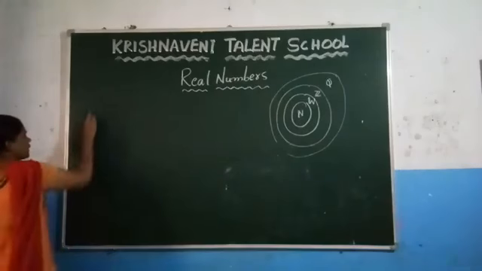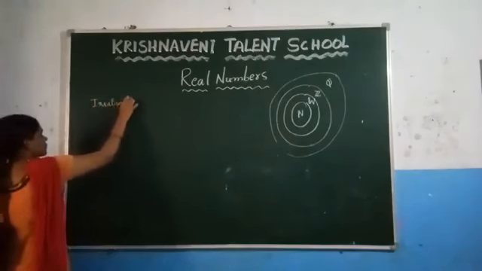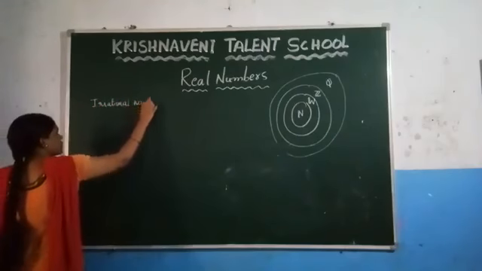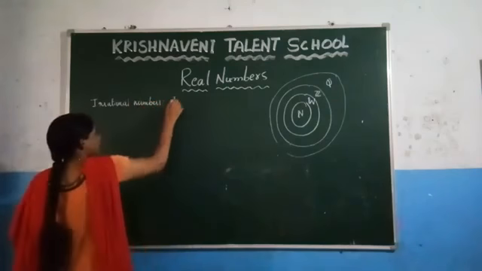So after that, irrational numbers. The irrational numbers are denoted by the letter Q dash.